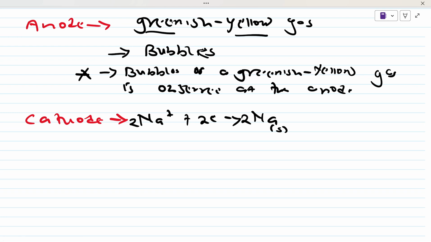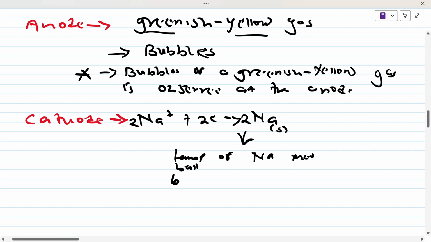So what do I expect? After sodium accepting electron and forming sodium metal, I'm going to have, well, let me not use lump, I want to use a ball of sodium metal below the cathode electrode in the electrolytic tank.